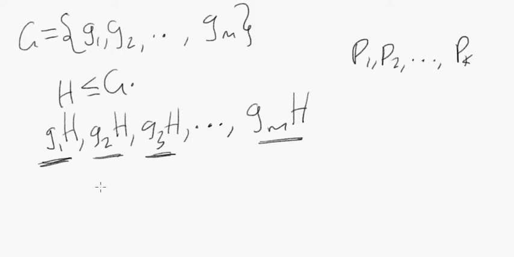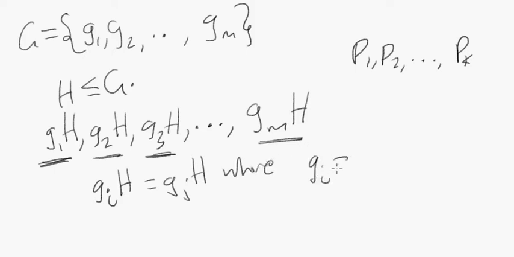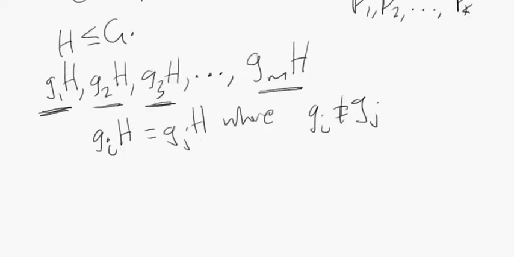The question is, are all of these cosets really different? Is it possible, for instance, that some giH equals some gjH, where gi does not equal gj? Is it possible? In the sense that maybe we are double counting.